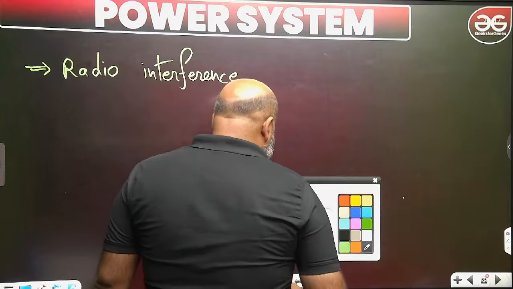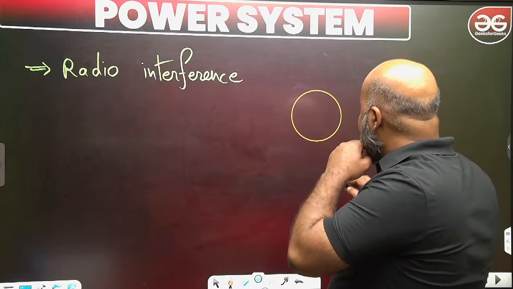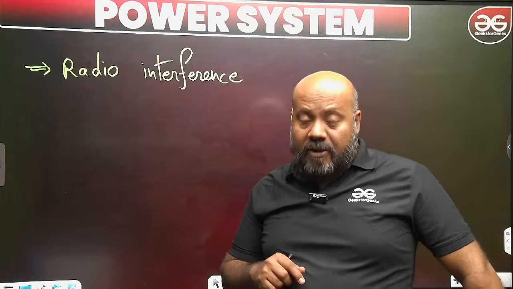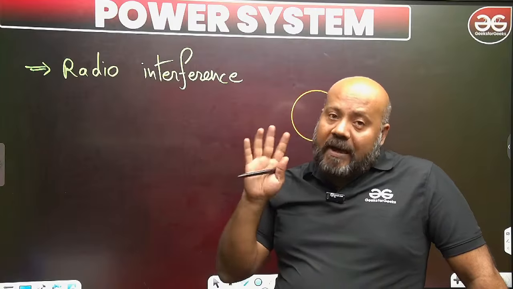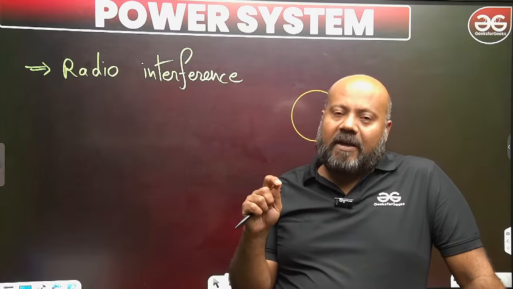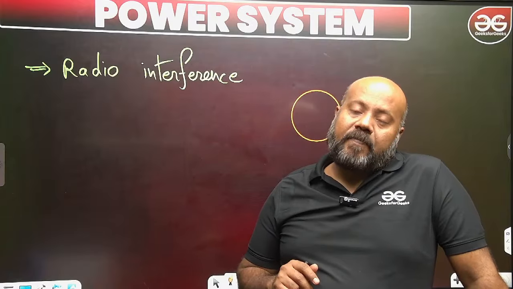See, when we talk about the transmission line, our transmission line is going for very long distances. So generally the telecommunication lines or channels are laid down along with the transmission line.